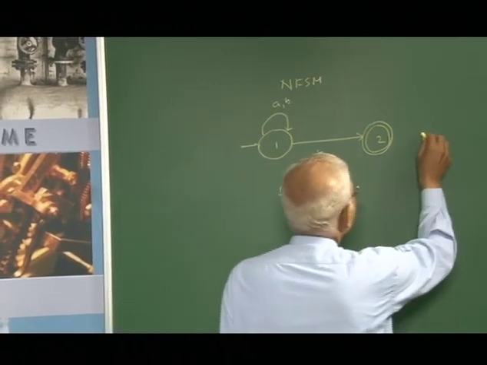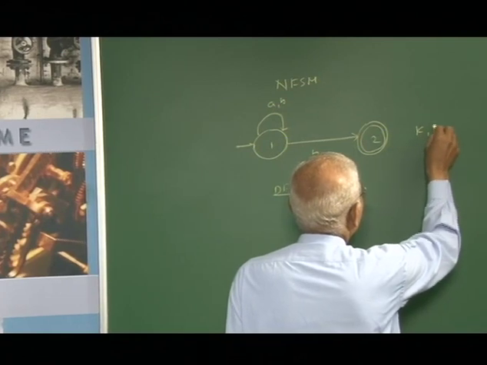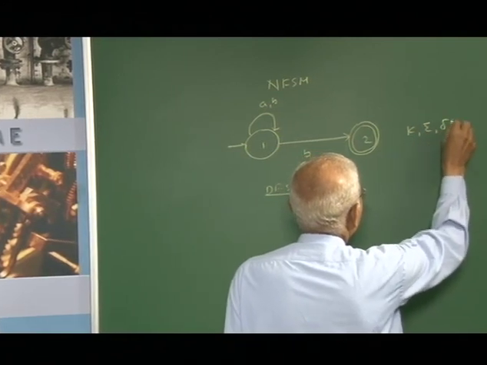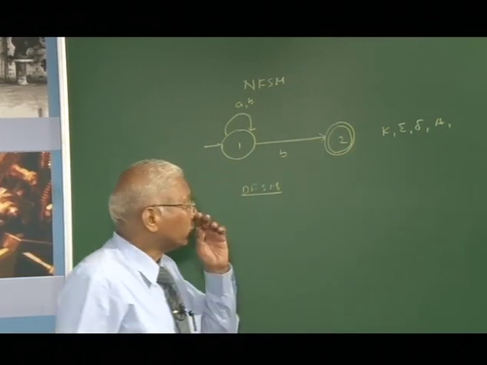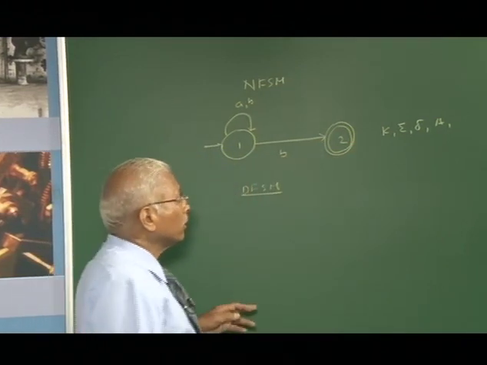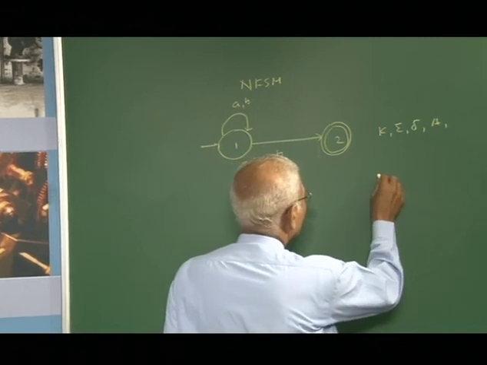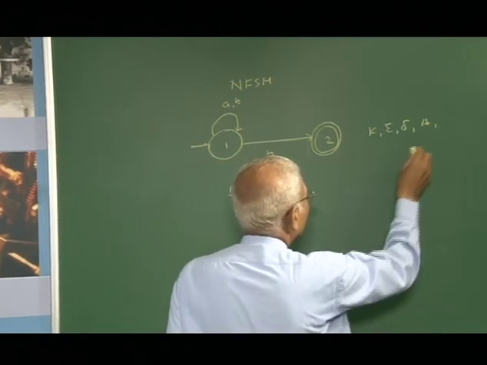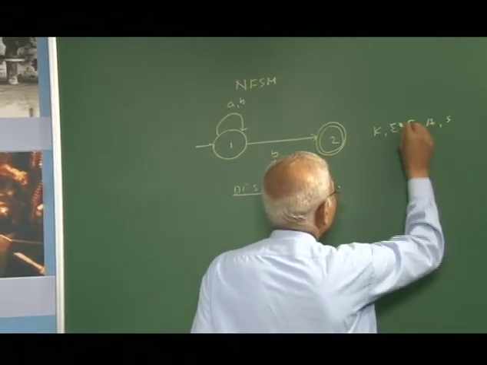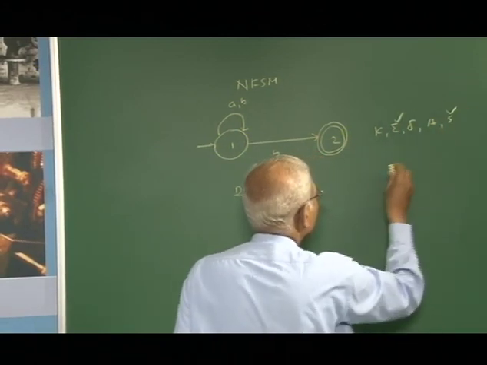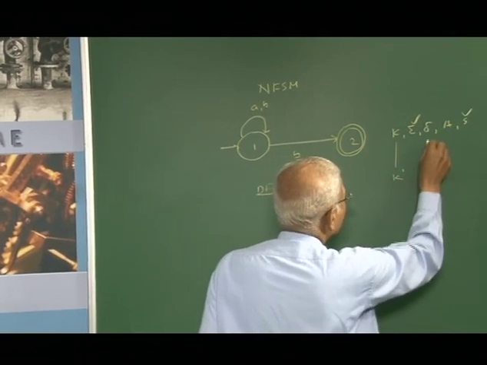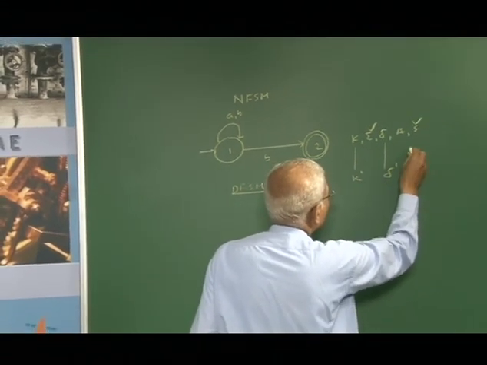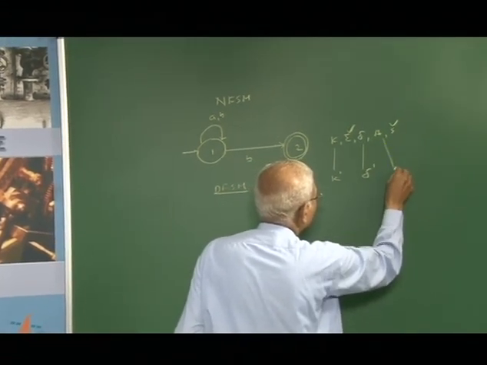Here we know all the things: K, sigma, delta, A, all the parameters. Now we do not have to calculate all the things, because sigma and the start state S will be the same, as I told you. Then we need to calculate only K dash, delta dash and A dash.